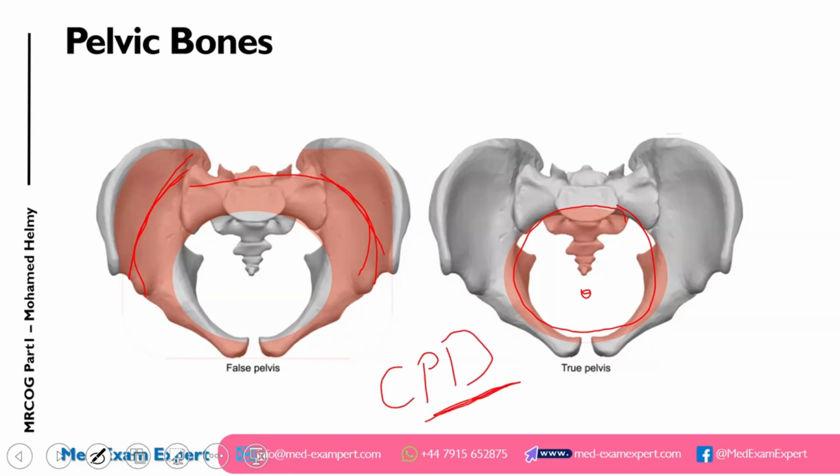What's meant by cephalopelvic disproportion? This means the clinical assumption by the obstetrician that the relation between the fetal head and the pelvic bones is not good or proportionate to allow vaginal delivery.